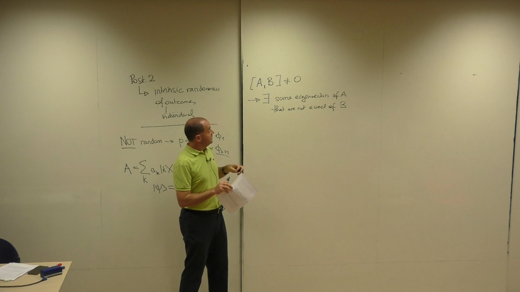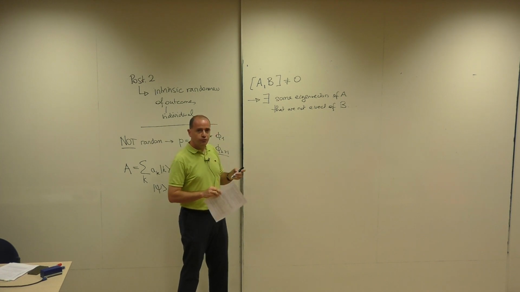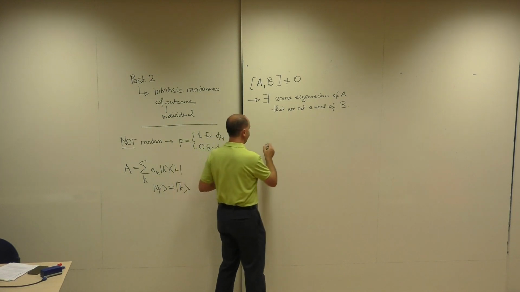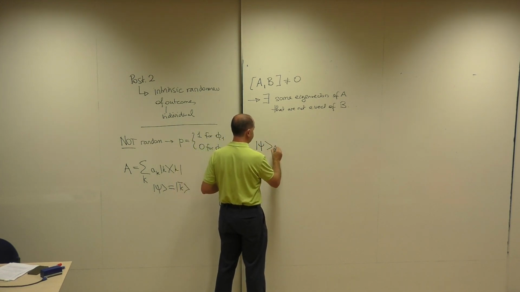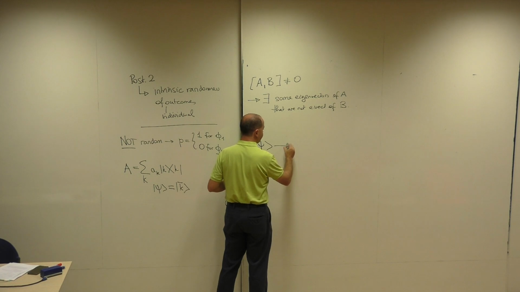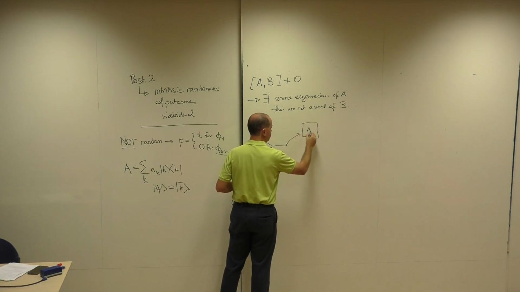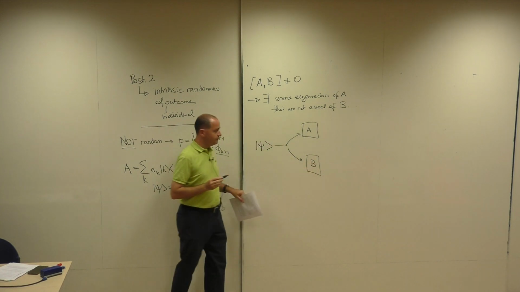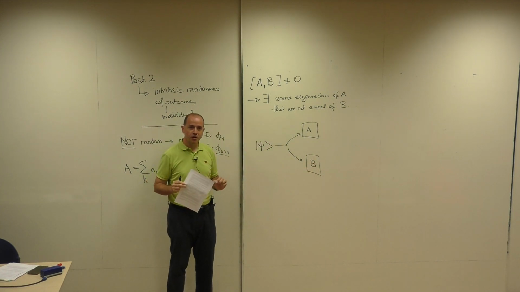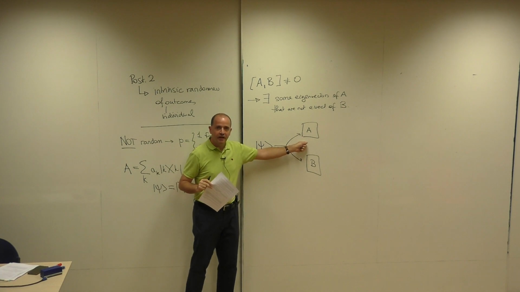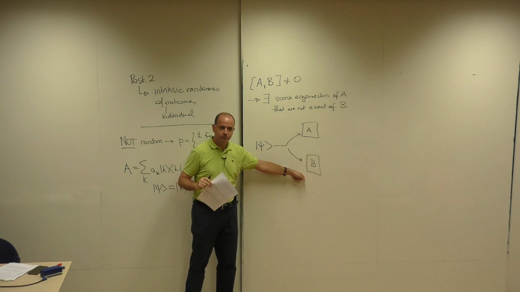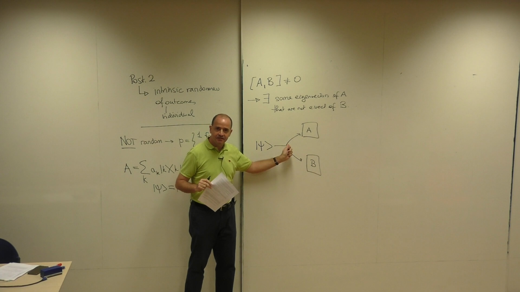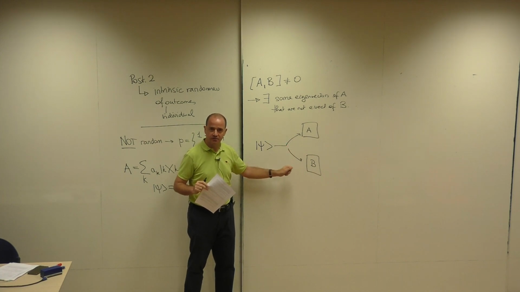What does that mean? Well, it means that if I have a source that produces a state, I can make either a measurement of A or a measurement of B. Very important, not first a measurement of A and then a measurement of B, but either a measurement of A or a measurement of B. This is the setting of the uncertainty relation.